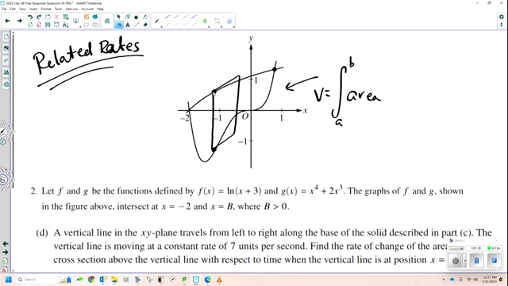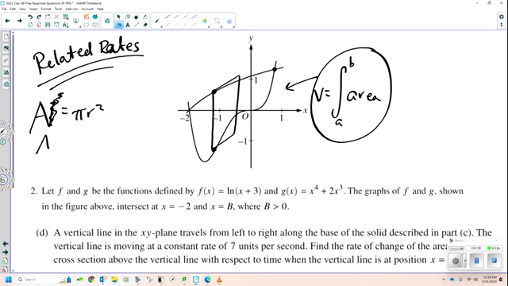But for related rates, there's something along the lines of, and again, it's the rate of change of volume, where this one is actually finding the volume. So I can take the derivative of it. Let's say, we'll do area. Pi r squared is the area of a circle. I would take the derivative, it would be 2 pi r.